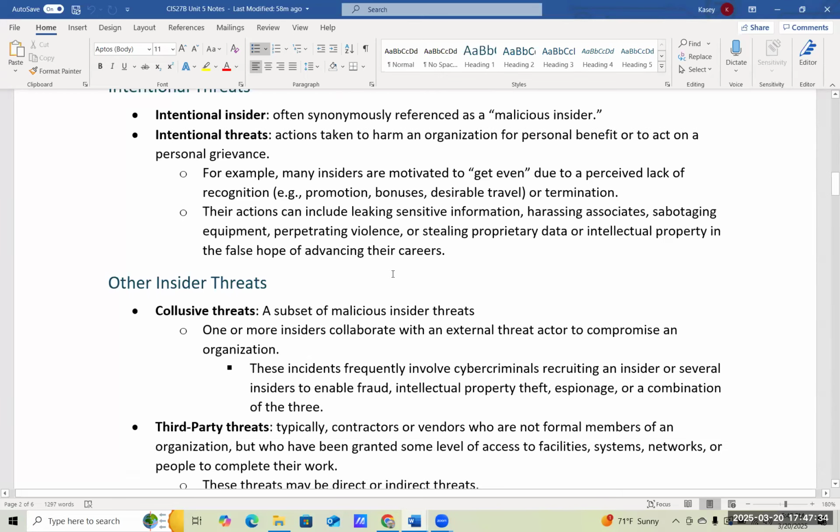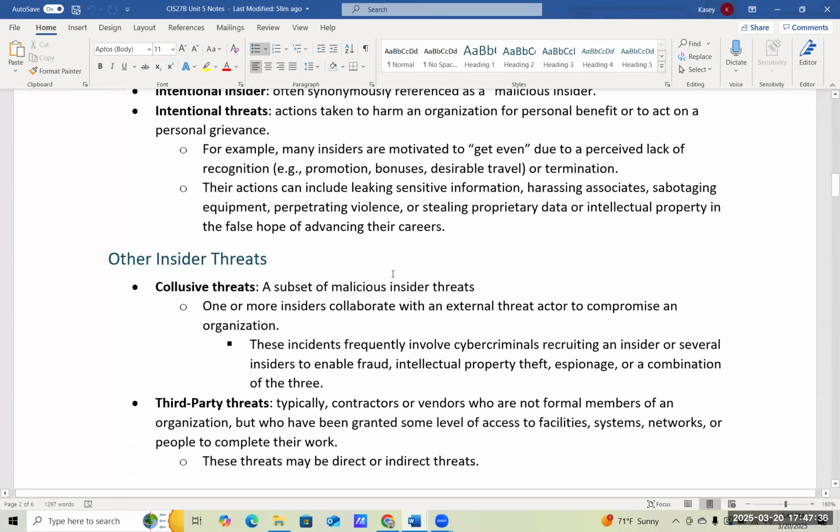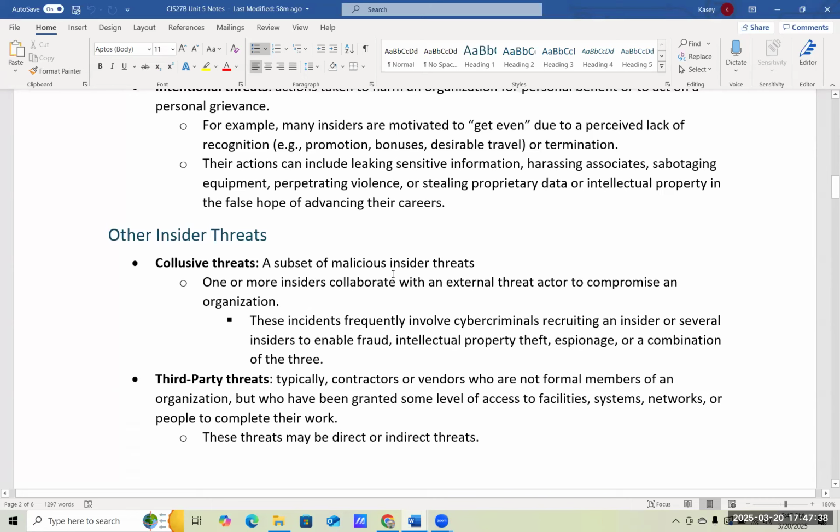So let's talk about other insider threats. You've got the collusive threats. This is a subset of the malicious insider threats. They are likely to collaborate in groups. Sometimes it starts with one individual and then they try to expand by bringing in other people, right?